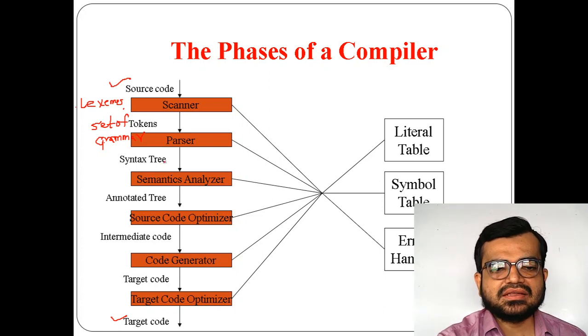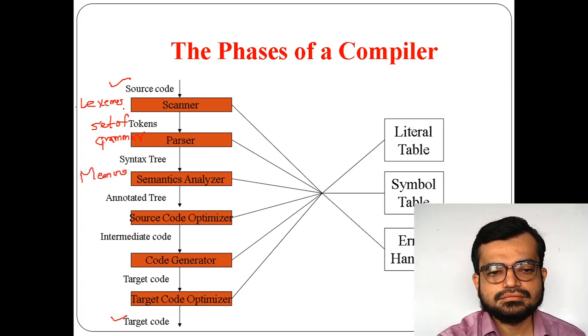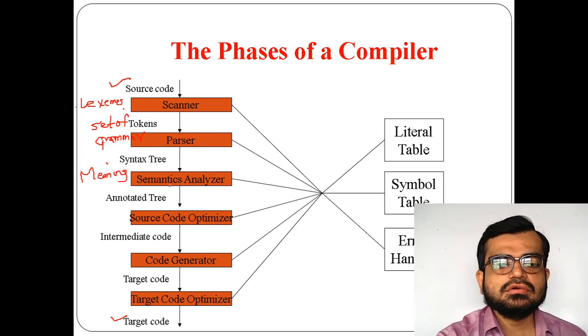It will give you a syntax tree, and this syntax tree will be taken as an input for the semantic analyzer, which checks the meaning of the code. In this meaning of the code, it will give you an annotated tree.